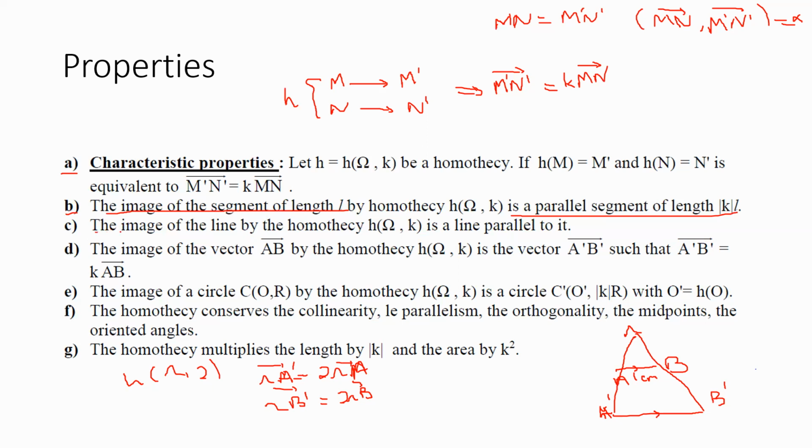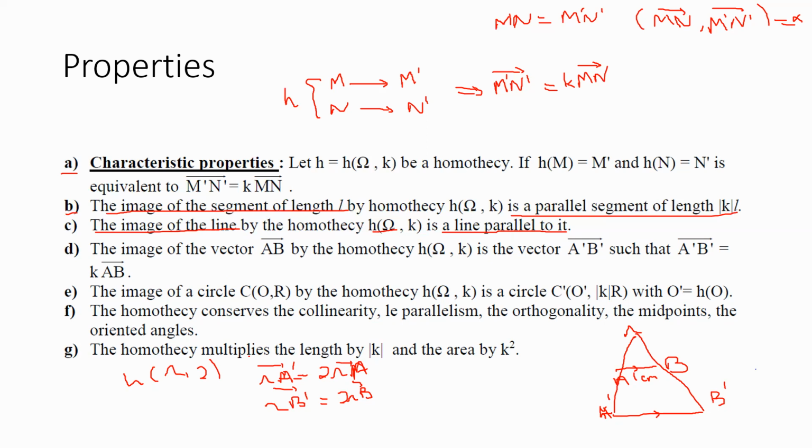The image of a line by H is a line parallel to it. Okay, for example, A prime B prime is parallel.